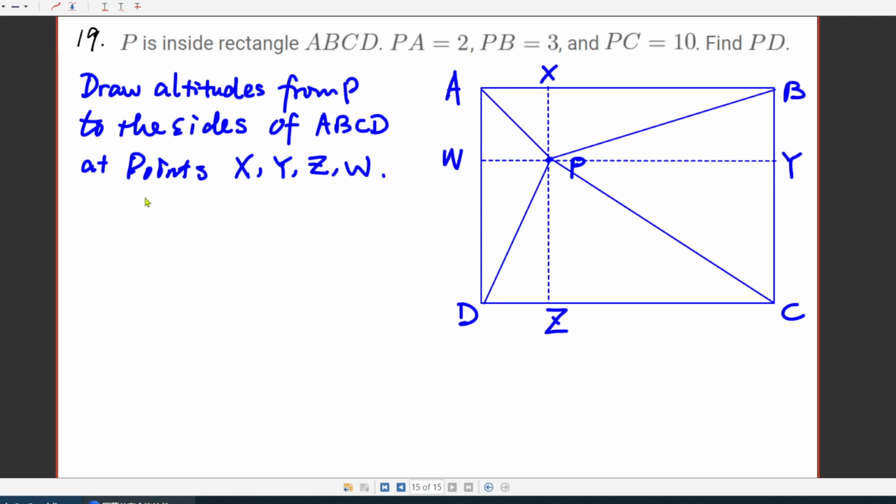Then, since ABCD is a rectangle, we have AD perpendicular to AB, right? Because PX and AD are both perpendicular to AB, we have PX is also perpendicular to AB.